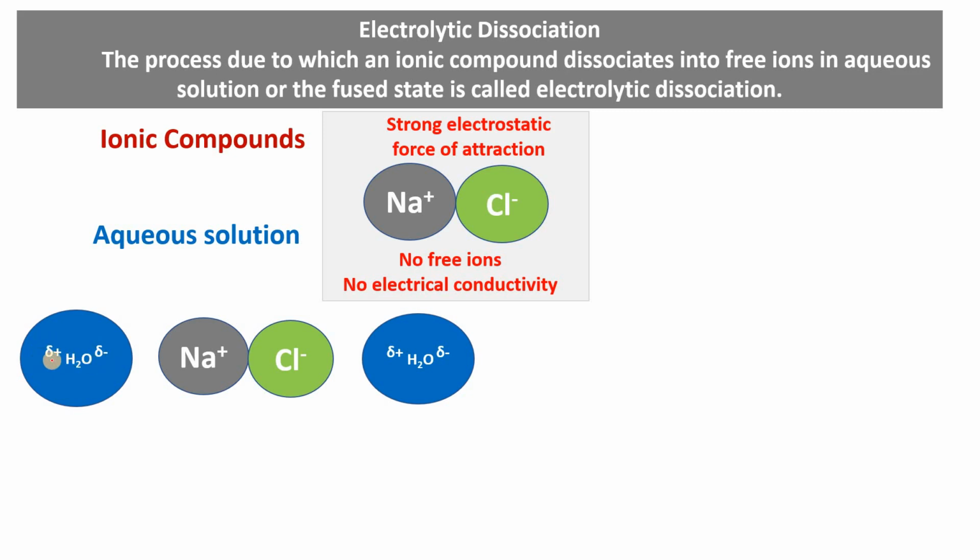That's why here you see delta plus and delta minus. Delta plus means small positive charge, and delta minus means small negative charge. So since the water molecule is a polar covalent compound, from its positive end it will attract the negative part of the sodium chloride compound.